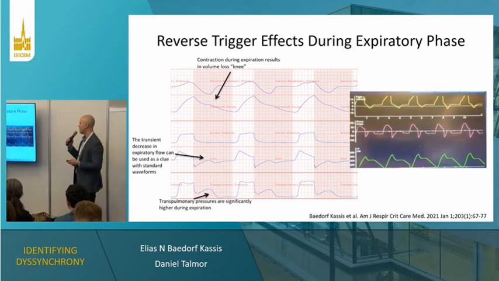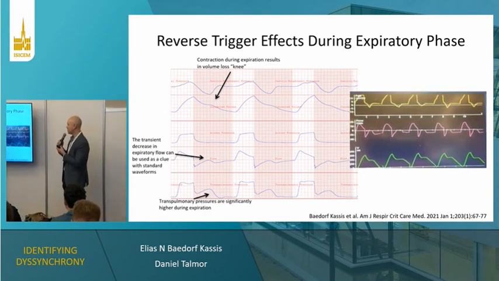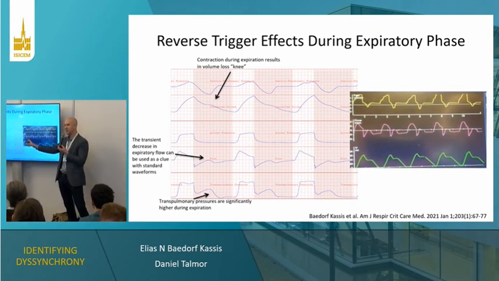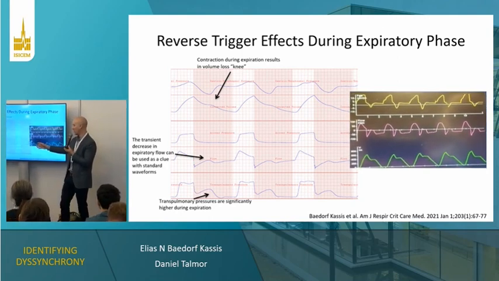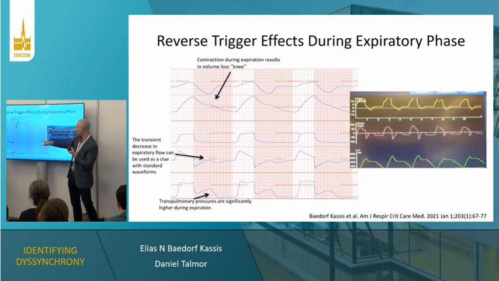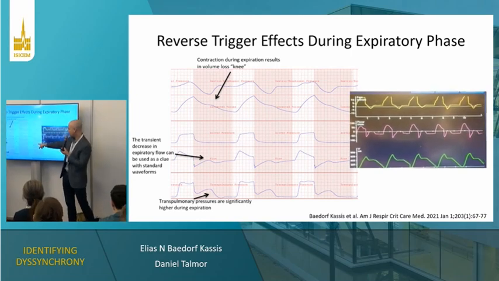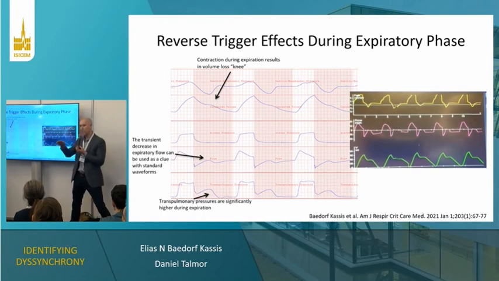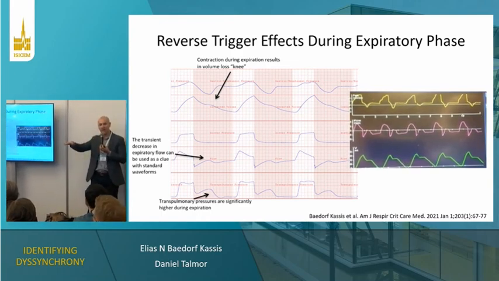So here we have reverse triggering during expiration, and this is much easier to see, I think, than during the inspiratory phase. The reason why is because you have a couple clear signs. Even if you don't have the transpulmonary pressure or the esophageal pressure, you can see the changes in the flow tracing during exhalation, what I call a knee in the volume, where you almost have a slowing down of the exhalation.